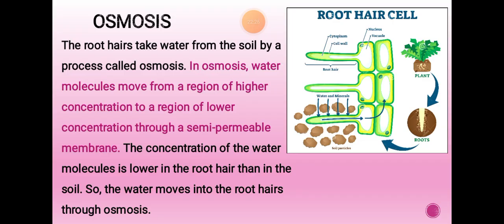You should always remember that, because it is a very important one. So what do the root hairs do? They take the water from the soil, through the process of osmosis.